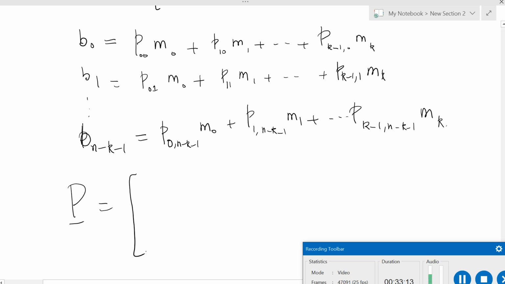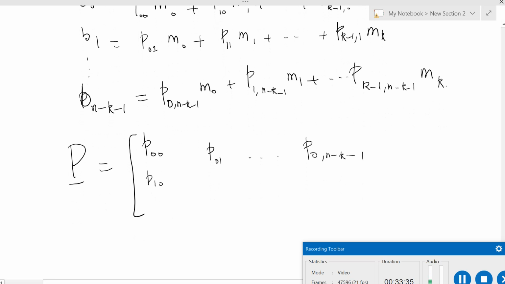It's called the coefficient matrix, by taking elements P00, P01, P0 n minus k minus 1, then P10. I am taking these rows into the columns here because we have to multiply it in a particular fashion.